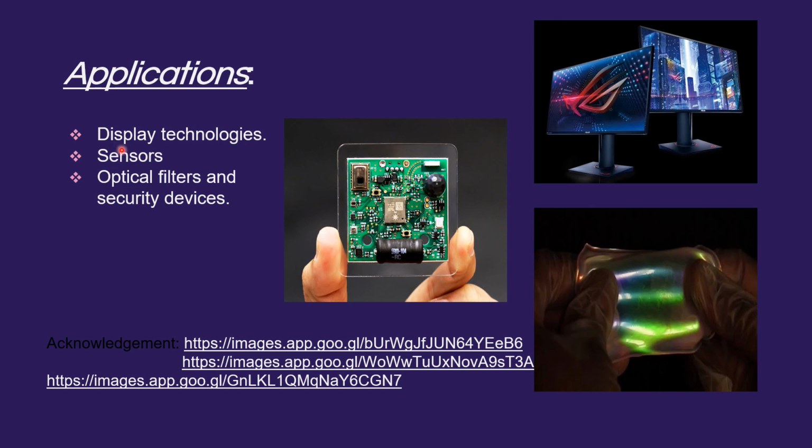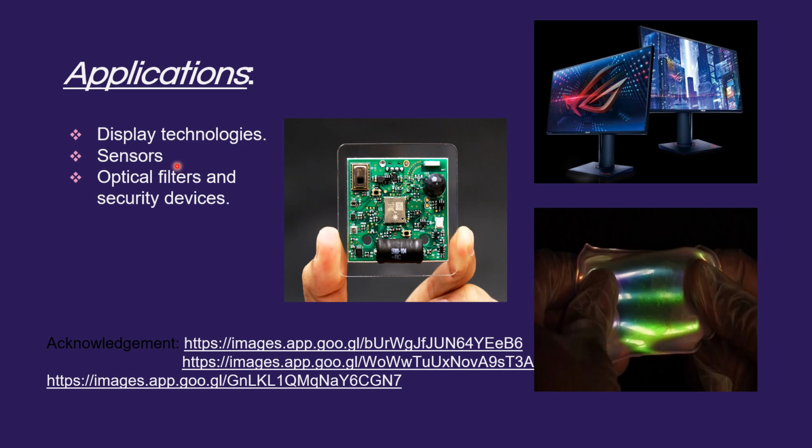Moving on to the applications of cholesteric liquid crystals, they are widely used in display technologies, which include electronic paper and reflective displays, with examples such as smartwatches, outdoor signages, and e-readers. The next application is sensors.